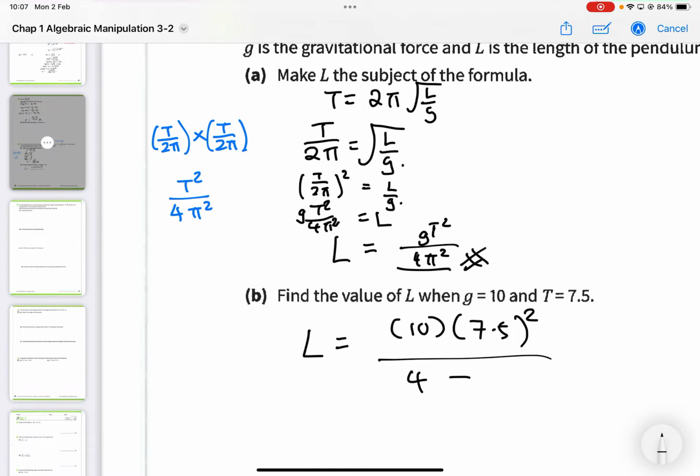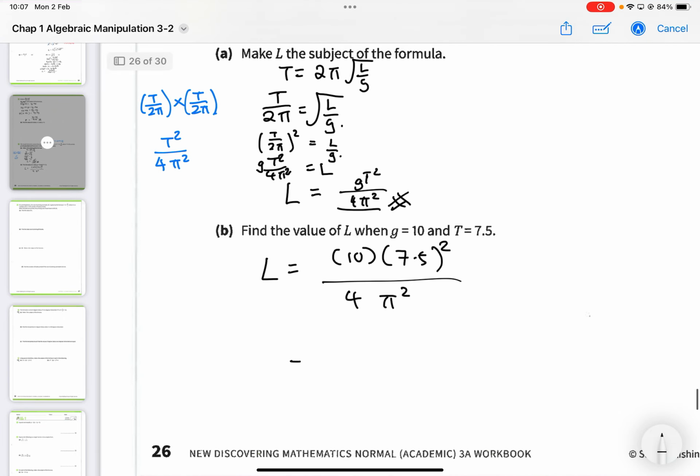4 pi squared. Pi, you can key in your calculator, the pi. So this whole thing, key into your calculator, and you will get your answer. 14.248. Okay, when you key into the calculator, it's a good habit to always write to 5 significant figures first. 5 or more.